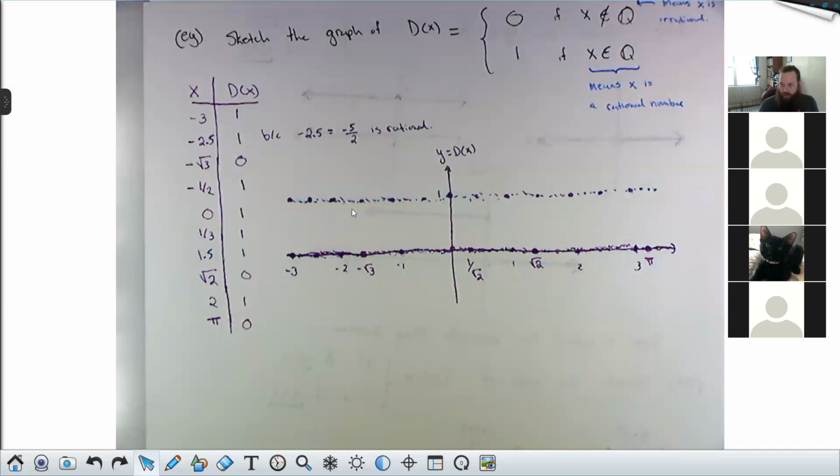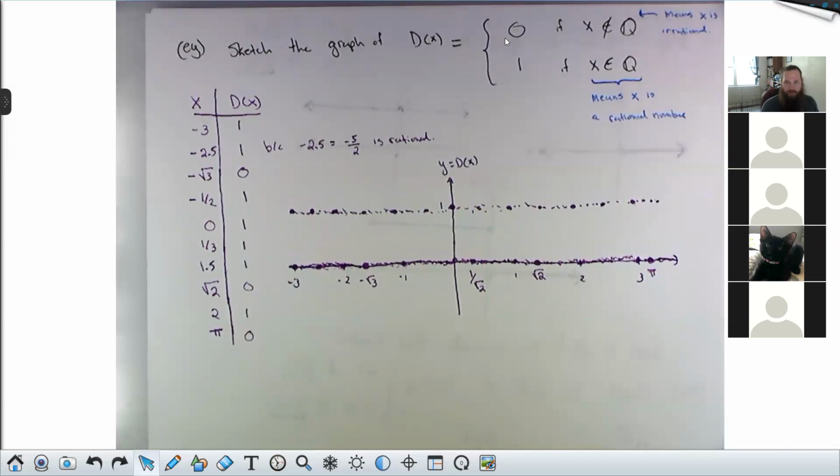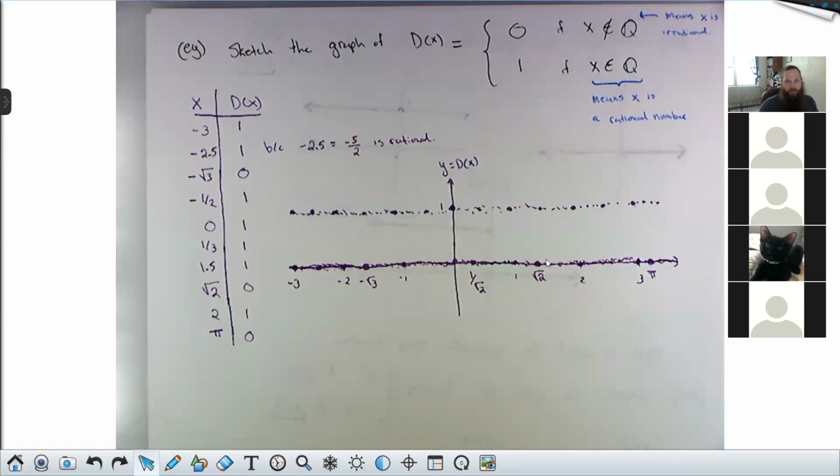So, strange function. Piecewise constant, though. Each of the pieces, very simple, right? Y equals 0, that's just a horizontal line down here. Y equals 1, that's just a horizontal line up here. But because of the way we've split it up, it is very complicated. We end up with a pretty complicated graph. This function was used around the turn of last century, around 1900, to start proving some very strange things about infinite sets and set theory.